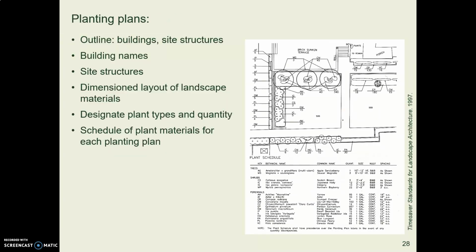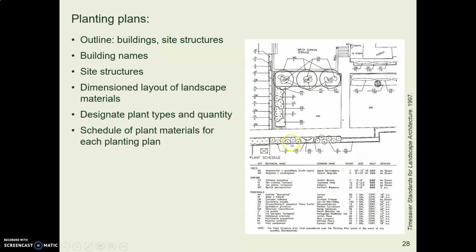Planting plans have symbols representing different types of plants, and there are different ways to do the symbols, from just plain circles to sort of branchy things representing tree branches to several other sorts of squiggles.